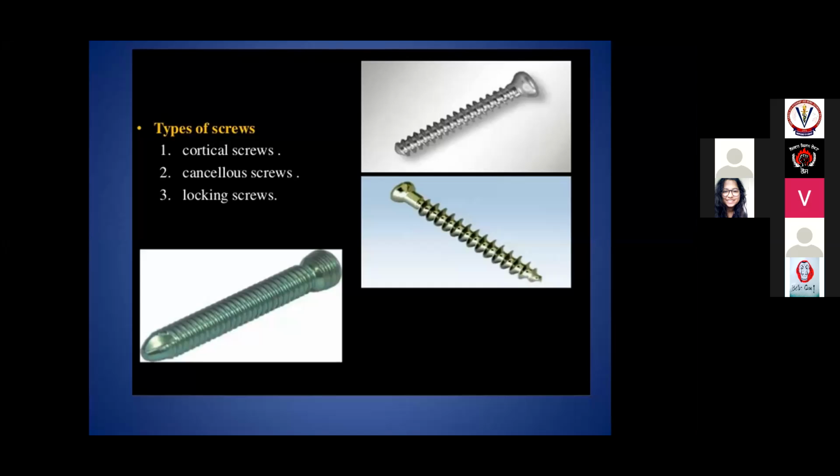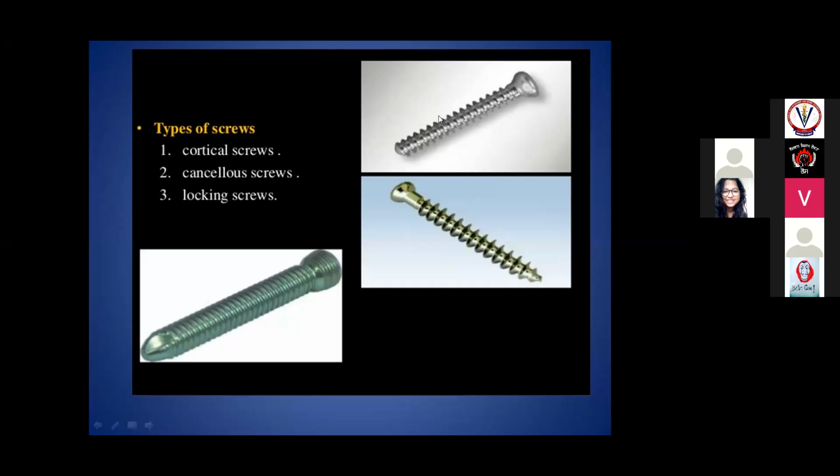The majority of the plates which we use in veterinary orthopedics have been adapted from human orthopedics, and there are certain veterinary-specific plates that have been designed and used, but for the majority of fractures we use the human orthopedic plates. So before going into detail on plating, we have to have an idea about the different types of screws.